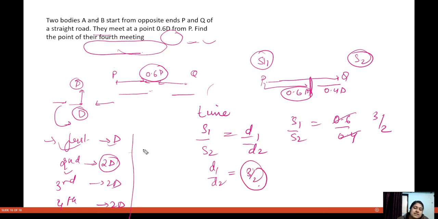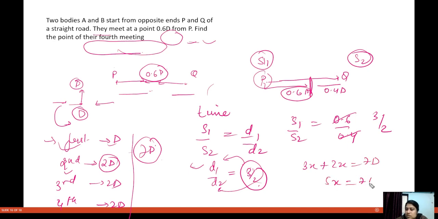The total distance covered is 7d. So three parts of this 7d are covered by d1 and two parts are covered by d2. So 3x plus 2x is equal to 7d, so 5x is equal to 7d, and x is equal to 7d by 5.